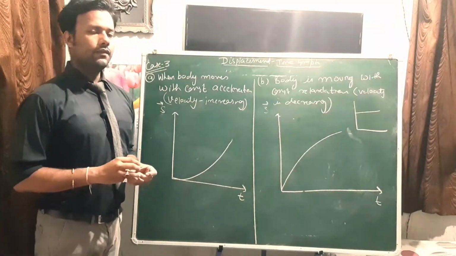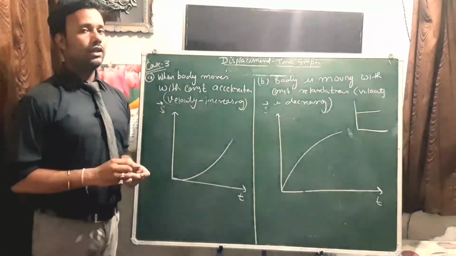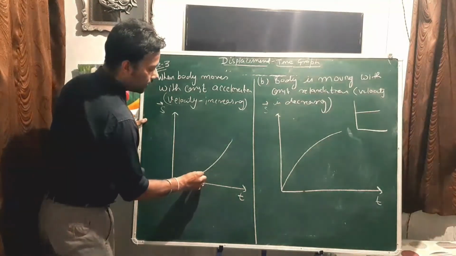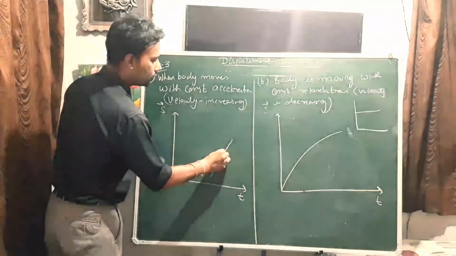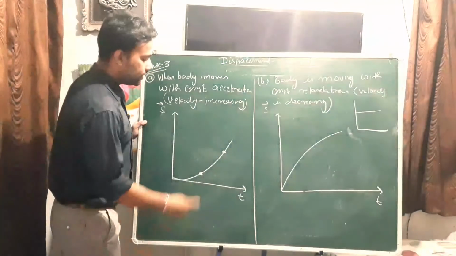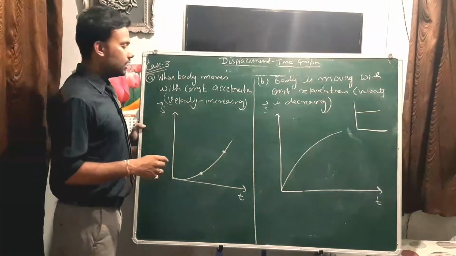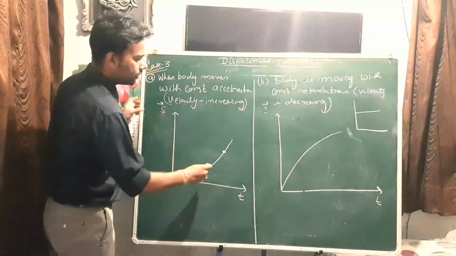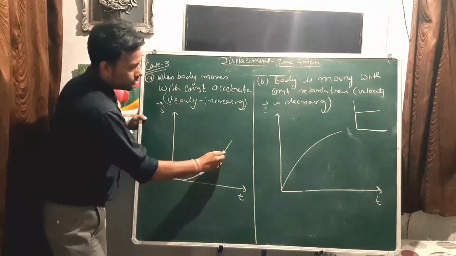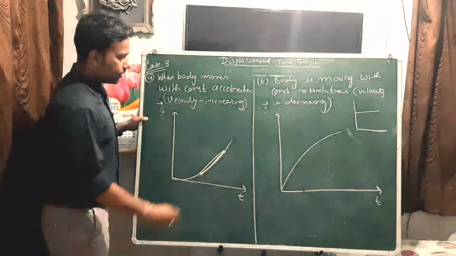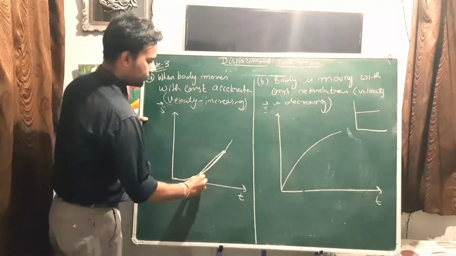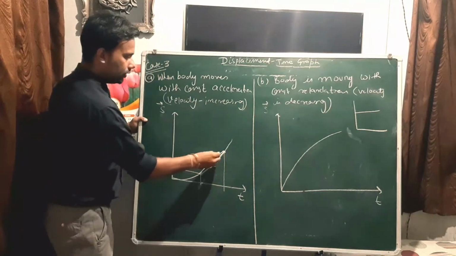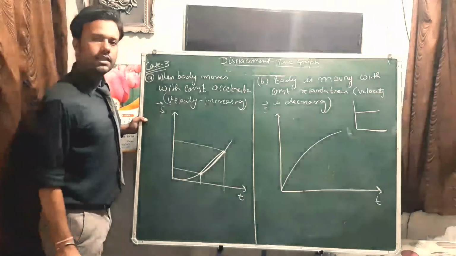Suppose you have to find the velocity between any 2 points, what can we do, no problem. Suppose we have to find the velocity from here to here, right? Now you can see this is a curved line, so directly we can't find the slope of the curved line. Do one thing, join this with a straight line like this, okay? Now you can take 2 points on the time axis and 2 points on the displacement axis as well.